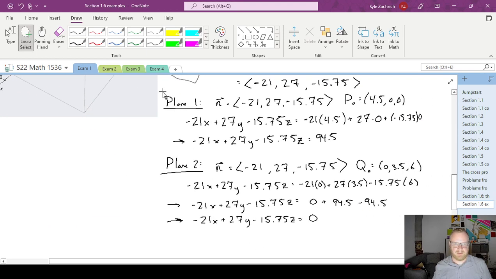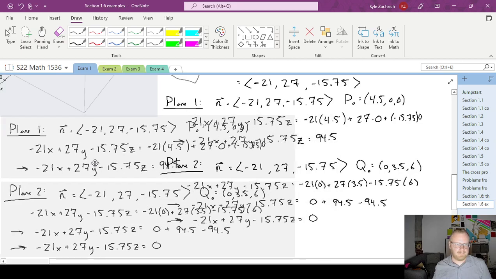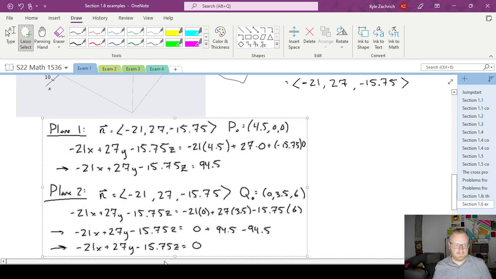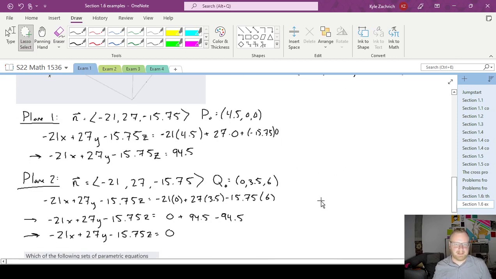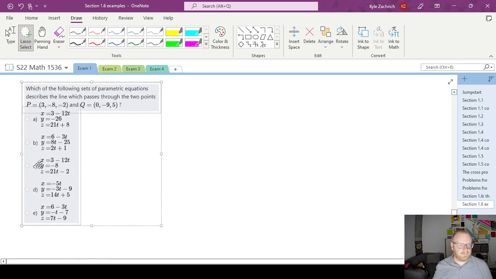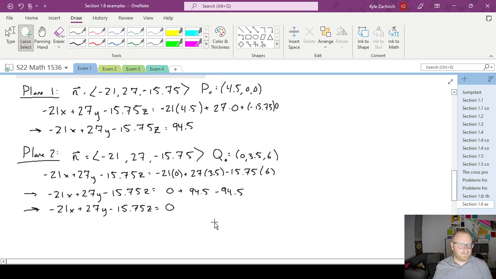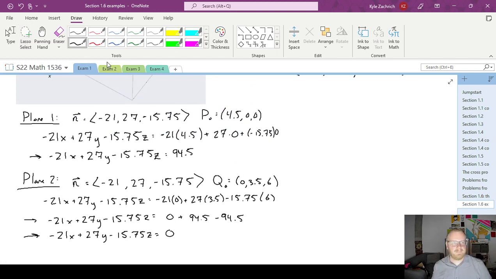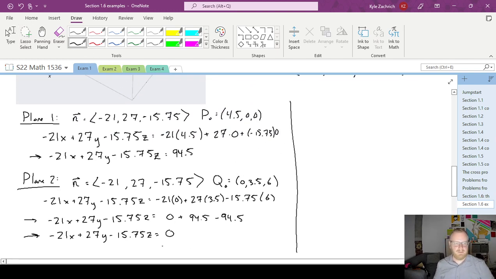I'm just going to do a little rearranging here, just to make sure everything fits on the page when you're reading it later. So a big conclusion from this one is that we could say that D1 is equal to 94.5, and D2 is equal to 0.